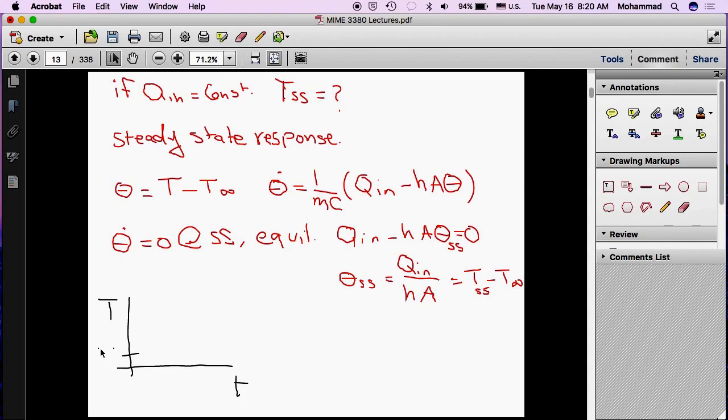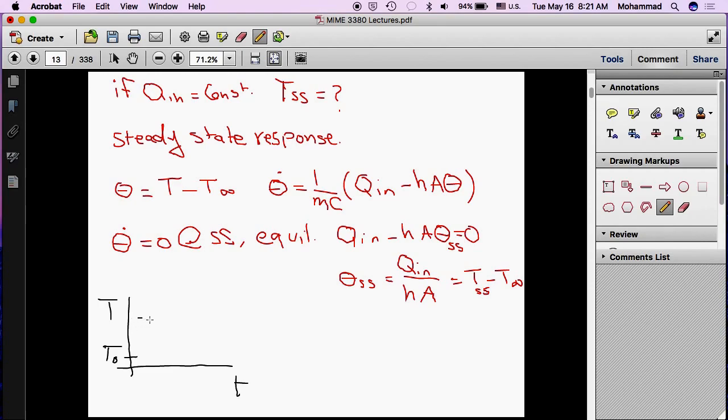So T0 for initial value of T. So let's say this is initial value of T. Depending on what value for Q in we have, we'll have one value for T steady state.